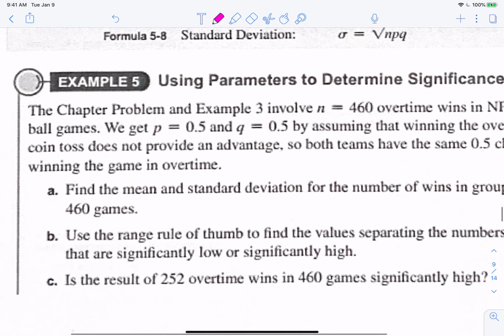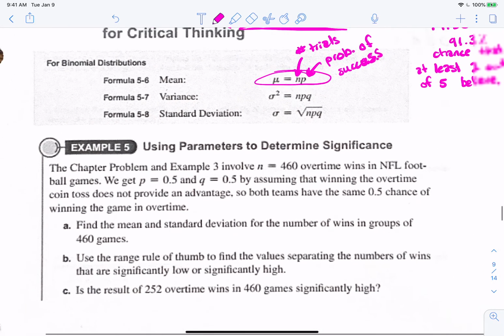So, example down here. The chapter problem and example 3 involved 460 overtime NFL football games. The probability of getting heads on a coin toss is 0.5, and the probability of getting tails is 0.5 again. So approximately how many teams should win, and how many should lose?